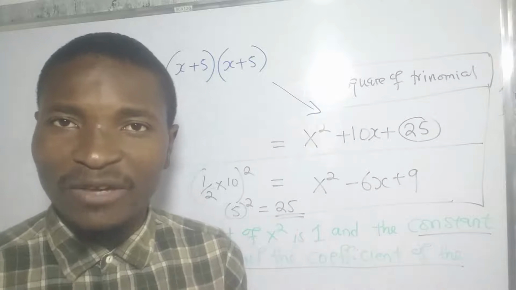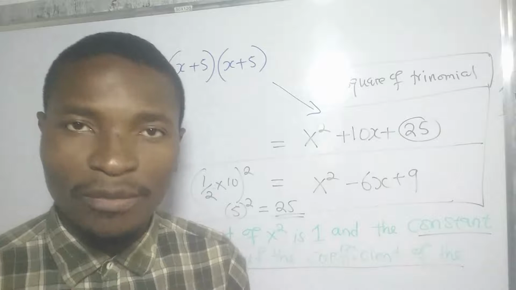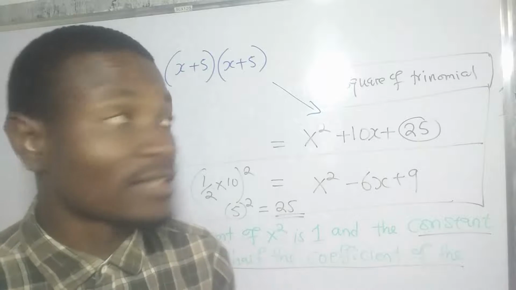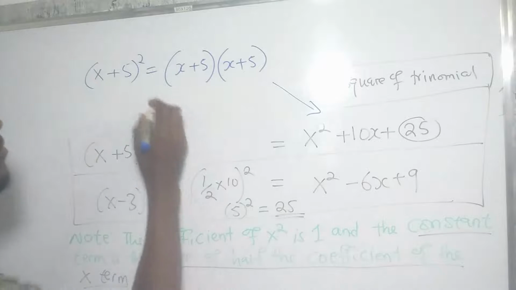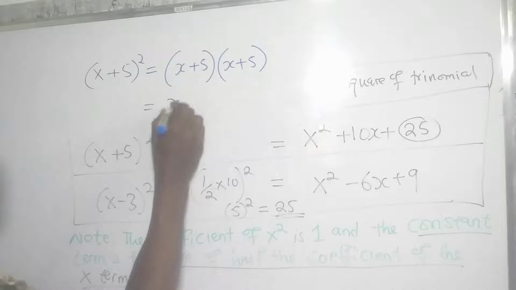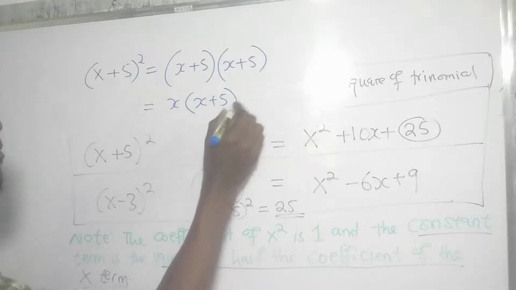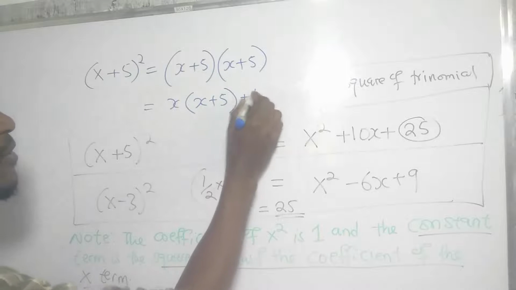So x plus 5 multiplied by x plus 5, and you close them in open-close brackets, and then you start expanding. So x, open bracket, you get this one, then plus this, which is 5.